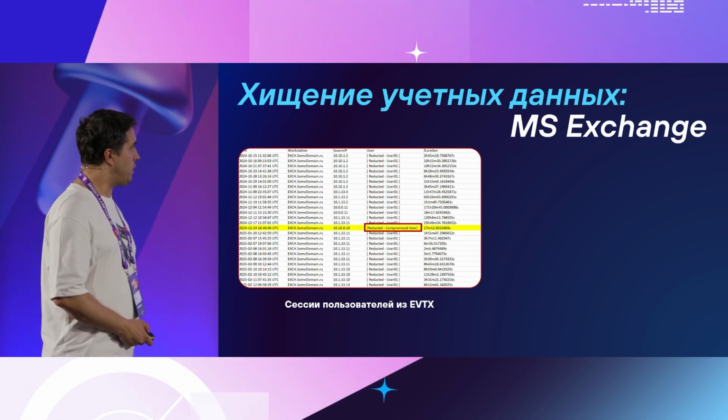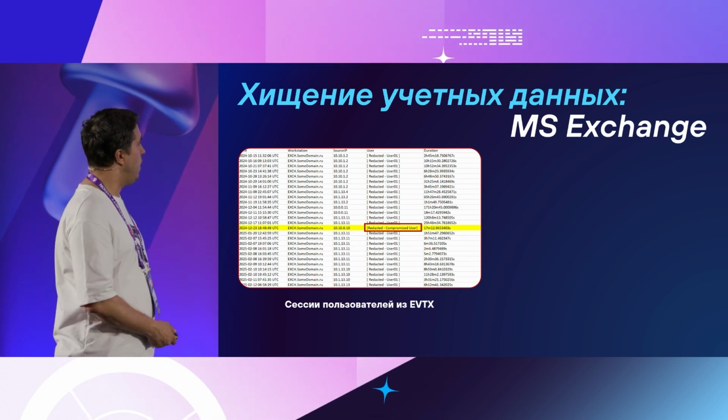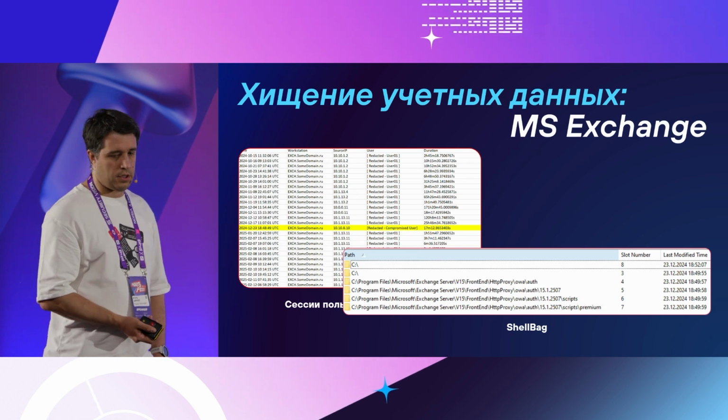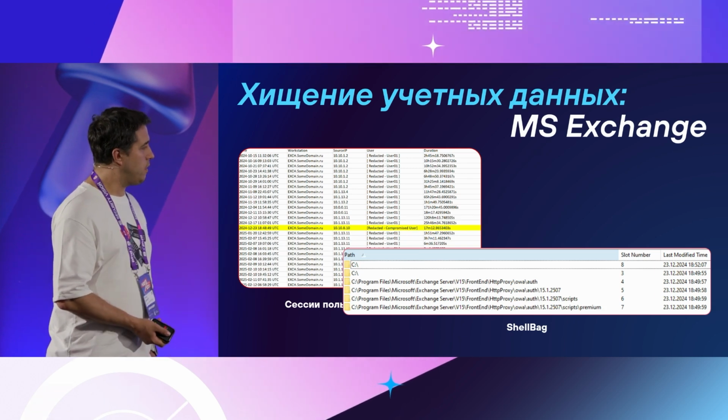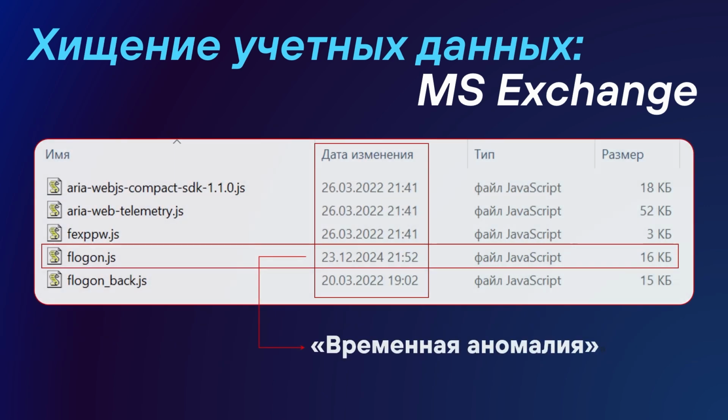There would always be just one user, but then overnight another user had connected, which had been compromised, and during the session he just checked one folder containing the scripts of the Outlook Web Access.